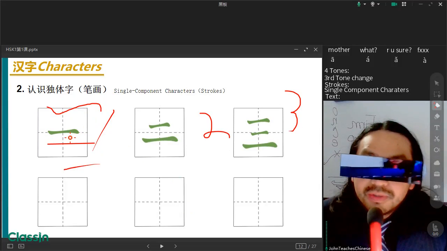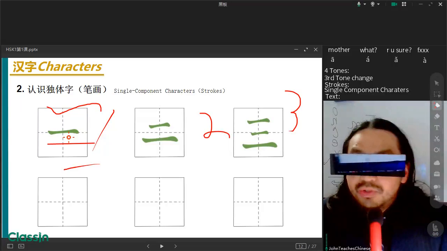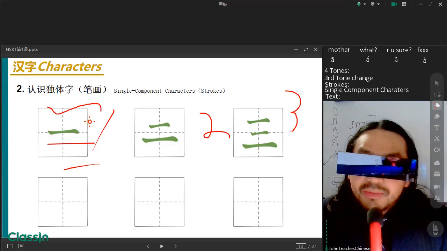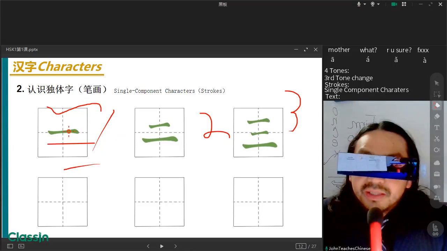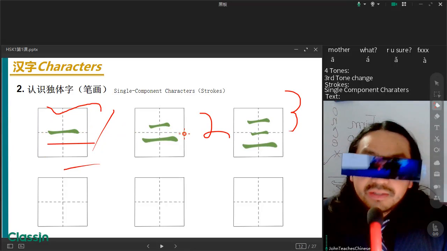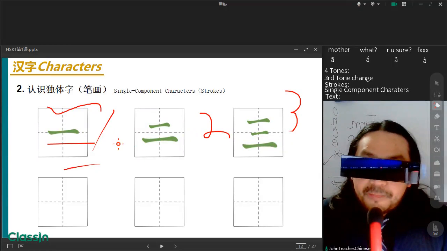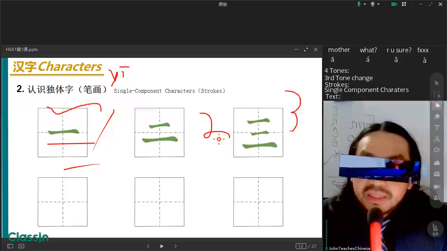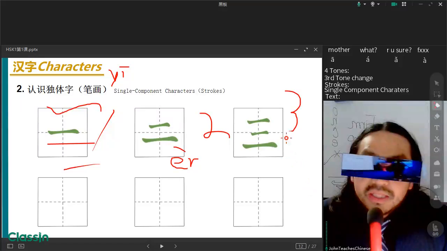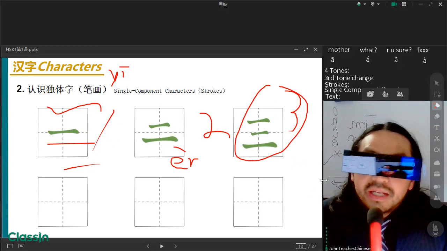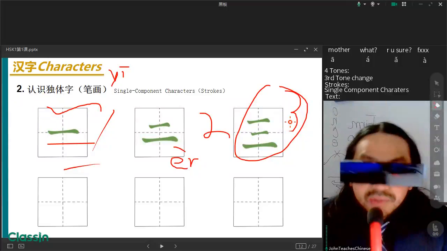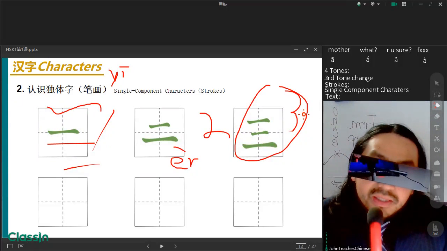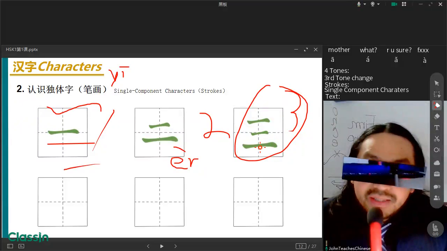Now, do you still remember how to read it? Remember, the meaning, the character, and the sound should all be matched. Now you know the meaning and how you write this character.